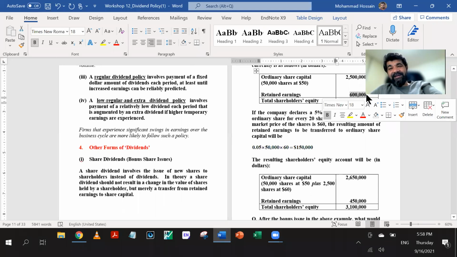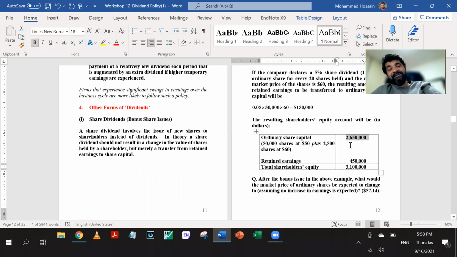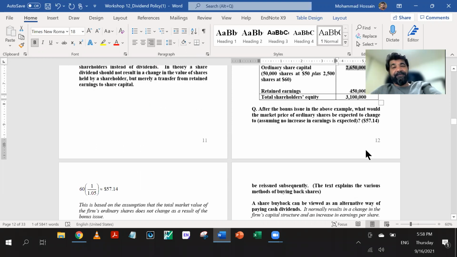Now from the retained earnings, they will just add 150,000 to the share capital. Share capital was 2.5 million in the past, plus 150,000 makes 2.65 million. Okay. So cash is still within the business, but they will show that a dividend was paid. Shareholders will be happy.